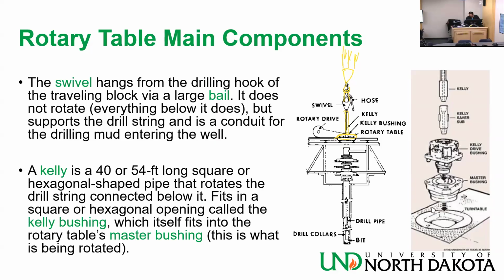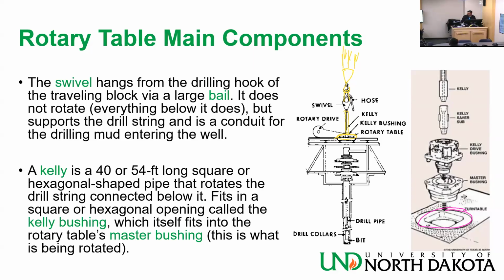So this is actually the turntable or the rotary table, same thing, is what moves. Inside it you put the master bushing, inside it is the Kelly drive bushing, inside is a Kelly saver sub. When you hear sub, think that you are going from one size to another size. It's basically an accessory. And then in it goes the Kelly.